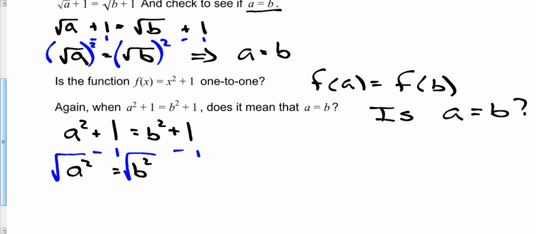So now I get plus or minus A, plus or minus B. Well, let's say the absolute value of A equals the absolute value of B, right? I could do that. Does that necessarily mean that A equals B? No, it could be opposite signs, right? So this is not one-to-one.